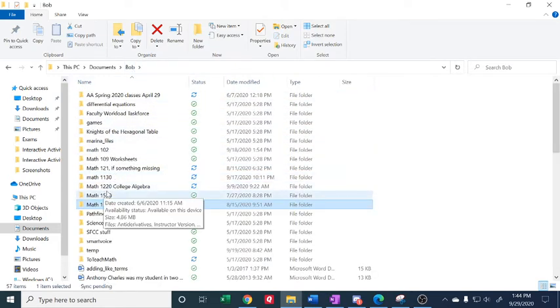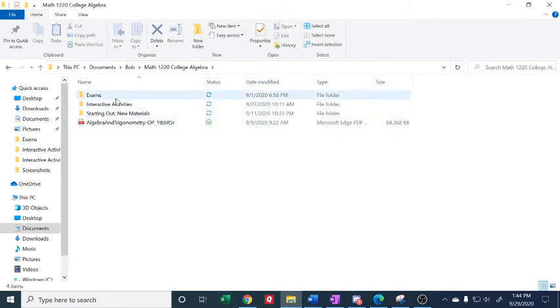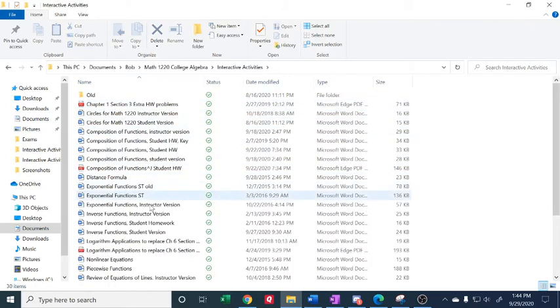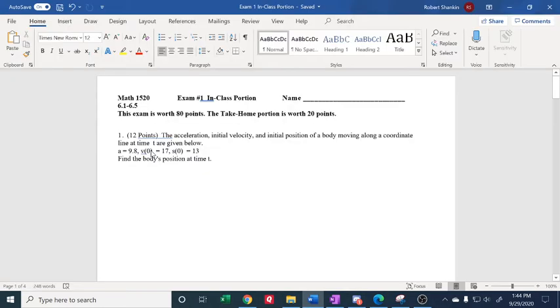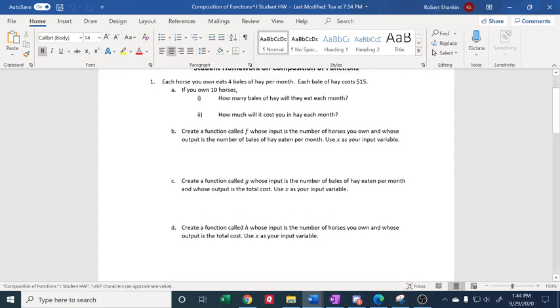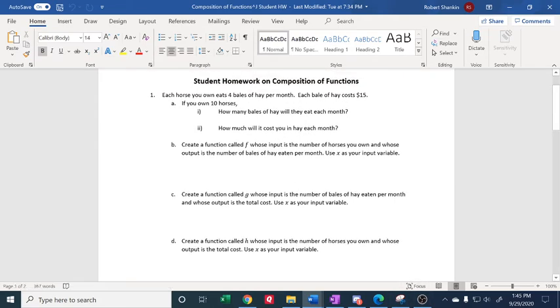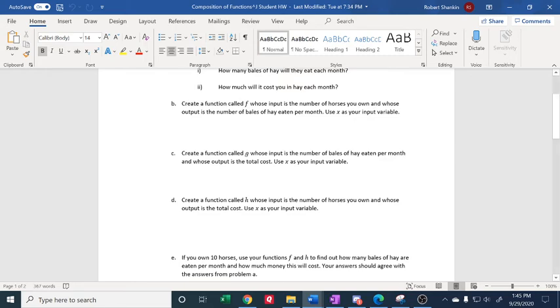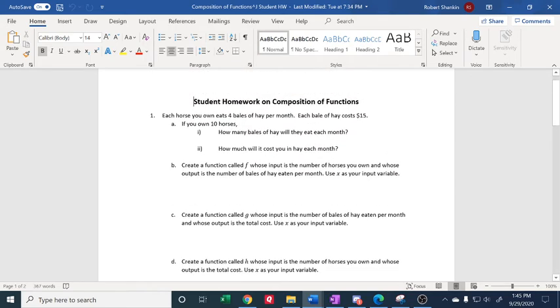Let me pull up my worksheet. Composition of functions, student homework. Alright, D and E.